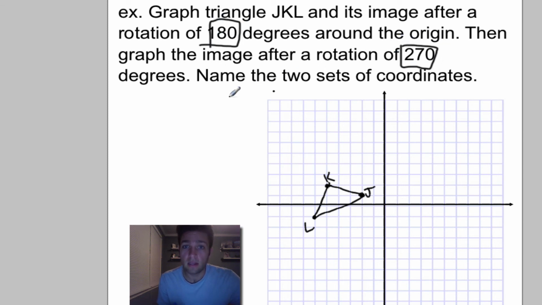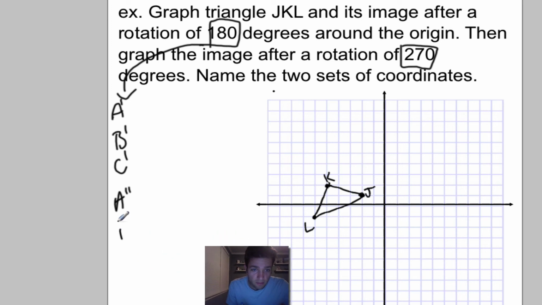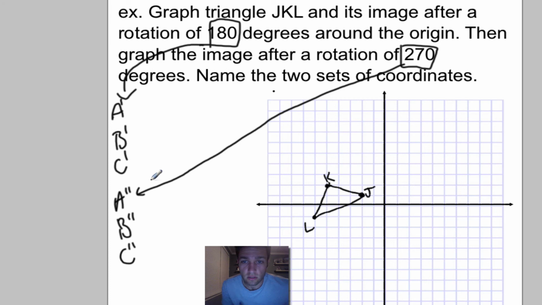So we know that we're going to have A prime, B prime, and C prime, that's after the 180 degree rotation. And then we're going to have A double prime, B double prime, and C double prime, and that's going to be after a 270 degree rotation. So let's give it a shot.